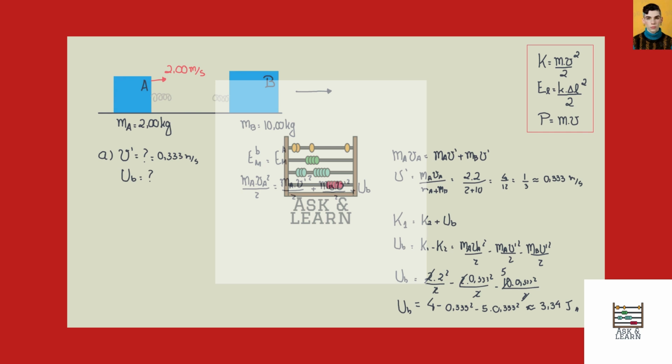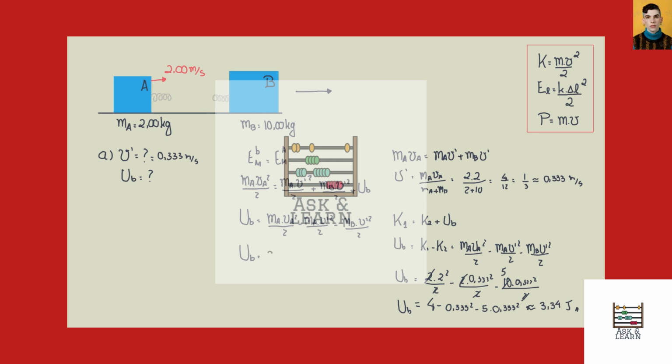Then, as we want to discover UB, we solve this equation for UB. And this is not difficult. We get the following. UB is equal to mA vA squared divided by 2 minus mA v prime squared divided by 2 minus mB v prime squared divided by 2. Now we plug in the values that were given by the problem and the value of v prime that we calculated before.